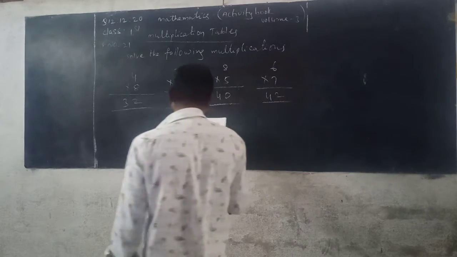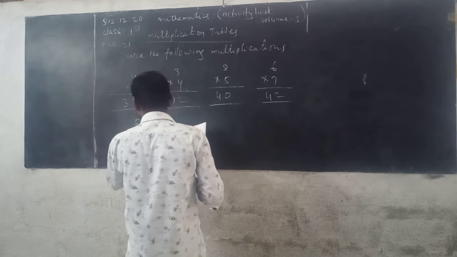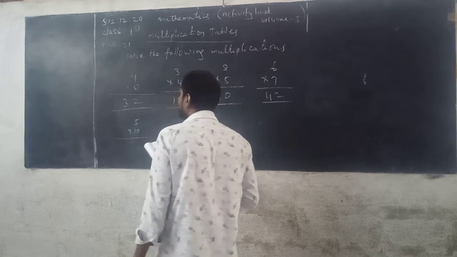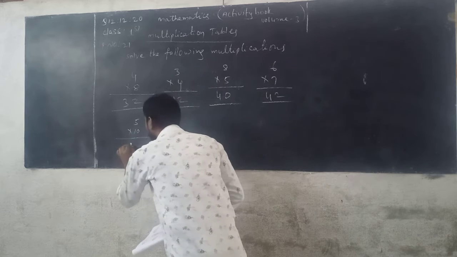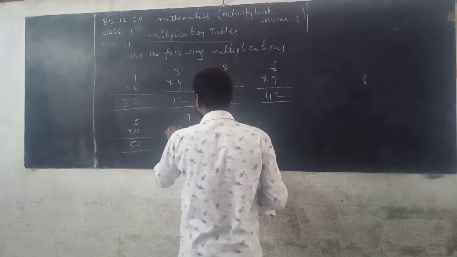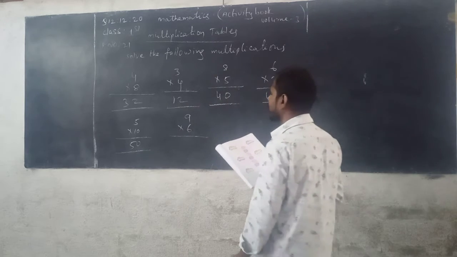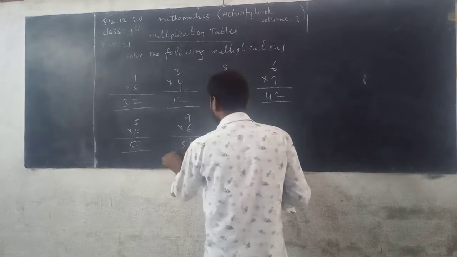Now next, 5 is multiplied by 10. So then you can read the 10 table. 10 fives are 50. Now next, 9 into 6. 9 is multiplied with 6. Then you can read the 6 table. 6 nines are 54. Write down everybody.